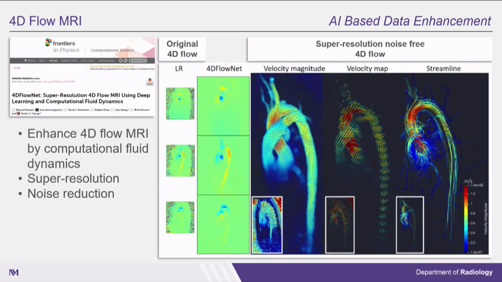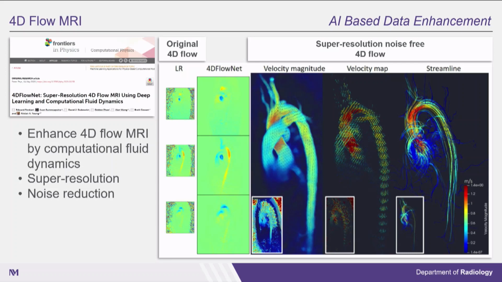But then again, you can also use AI in different ways. This is a nice example from Alistair Young's group, who's now in London, who showed that instead of using it for image reconstruction or 3D segmentation, you use it for image enhancement. Learning from high resolution computational data, we can reduce noise on the 4D flow data and increase resolution.